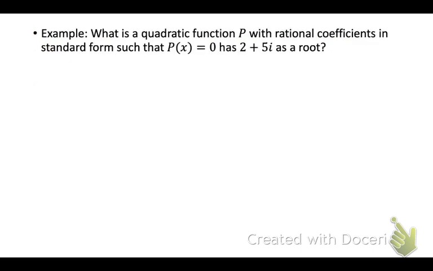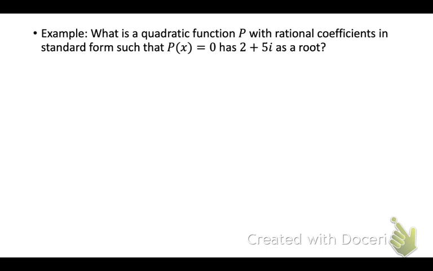So, write a quadratic function p with rational coefficients in standard form such that p of x equals 0 has 2 plus 5i as a root. Okay, so I want the polynomial. I'm going backwards. To go from the polynomial to the roots, I divided.